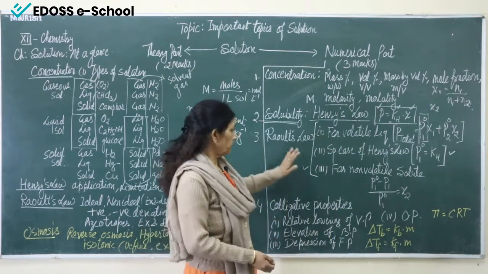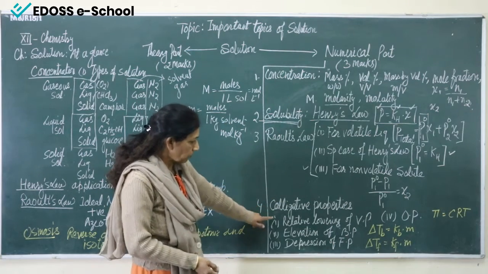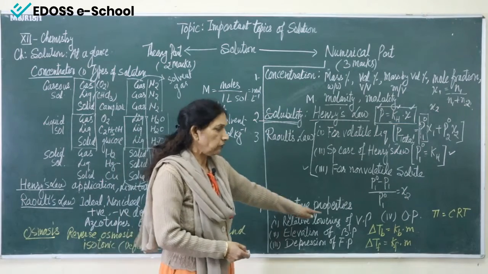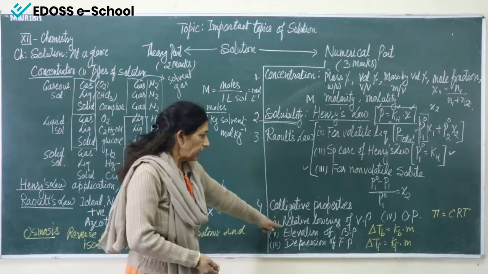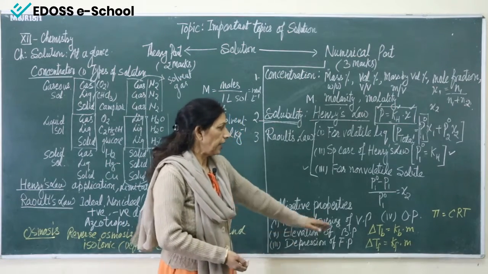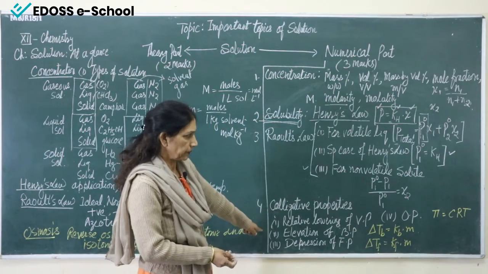And the last portion is colligative properties. We know that these are of four types: relative lowering of vapor pressure, elevation of boiling point, depression of freezing point and osmotic pressure. So numericals are based on them.